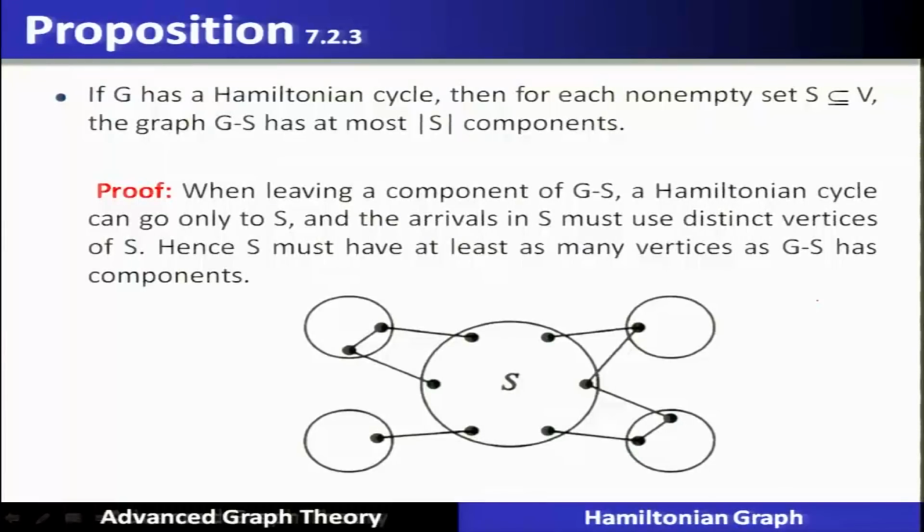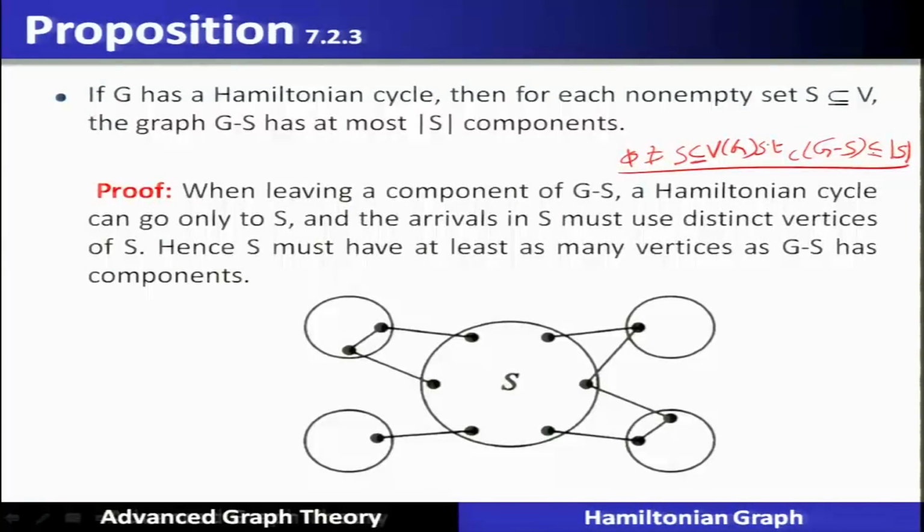So, meaning to say that, if we take a subset S which is not empty, this subset is a subset from the vertex set of that particular graph, such that if we remove this set of vertices from the graph, the number of components which will be there should be at most the cardinality of S. So, again let us see what is stated in the proposition.